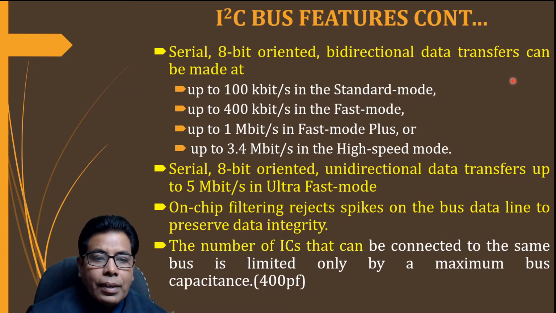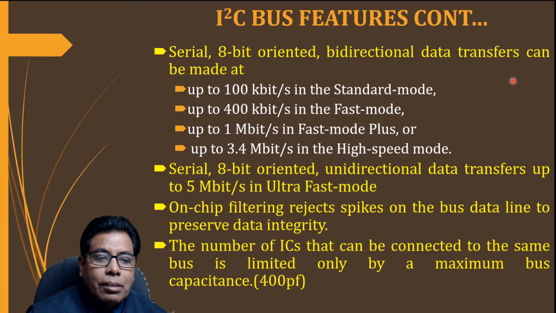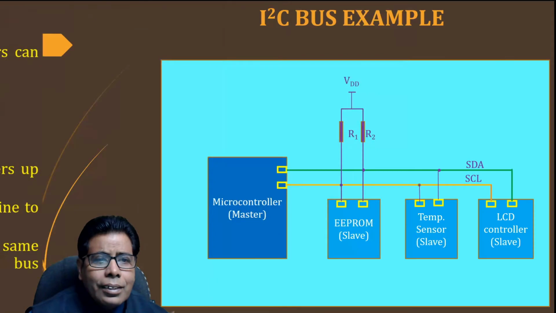Then the number of ICs that can be connected to the same bus is limited only by the maximum bus capacitance. As long as the bus capacitance is less than 400 picofarad, you can connect a number of devices to the bus.